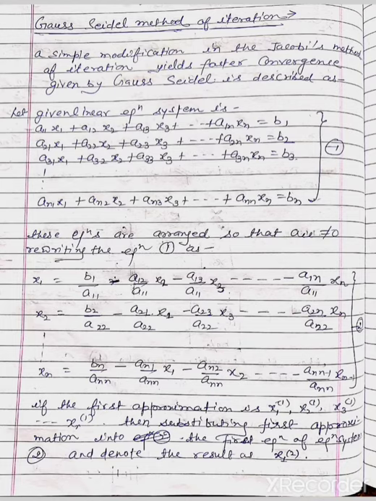Now we rewrite equation 1 in this manner: x1 is computed from the first equation of the given equation system, and x2 is computed from the second equation of the given linear equation system, and x3 is computed from the third equation of the given equation system, and so on. xn is computed from the nth equation of the given equation system.